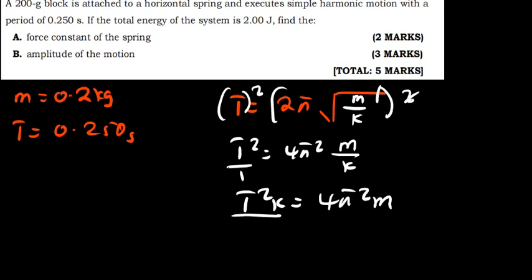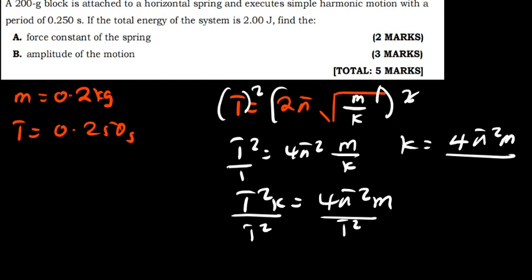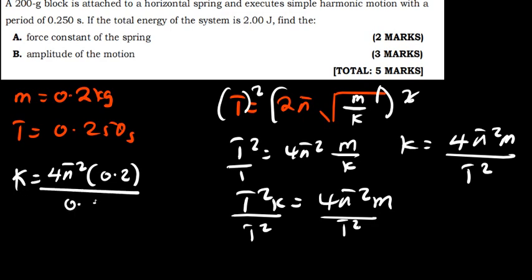Then we divide by T squared, so k will be equal to 4 pi squared m divided by T squared. Let's try to plug in the values. The k value is 4 pi squared, the mass is 0.2, divided by the period 0.25 squared.